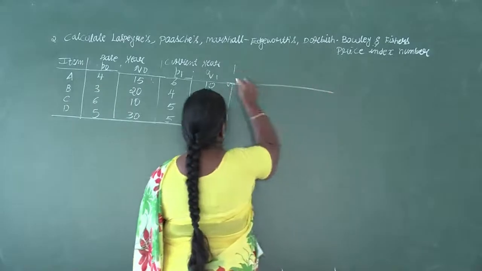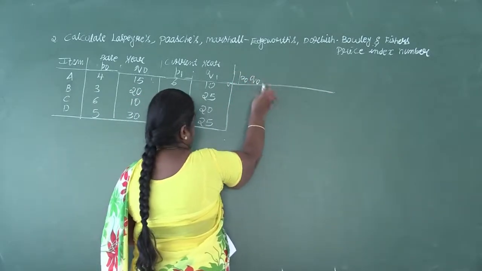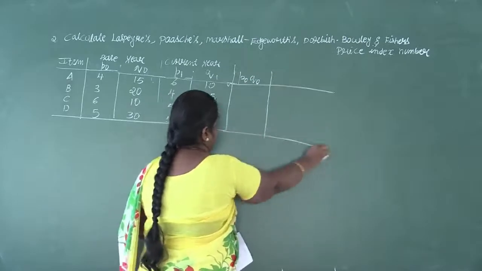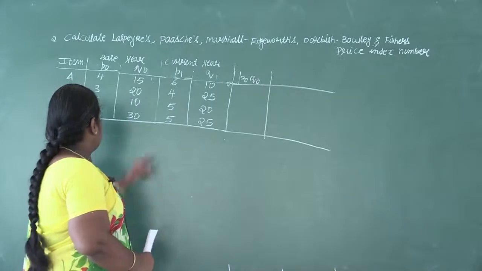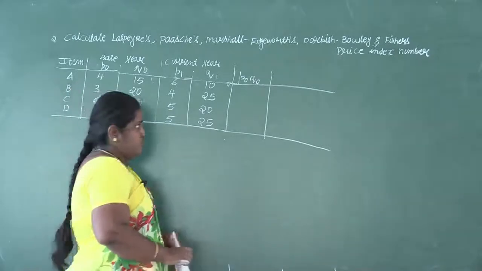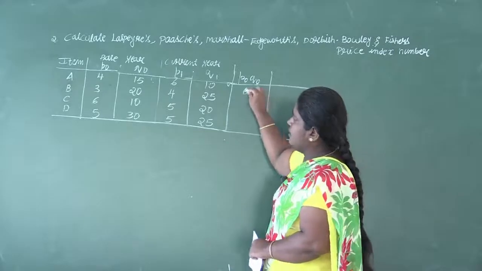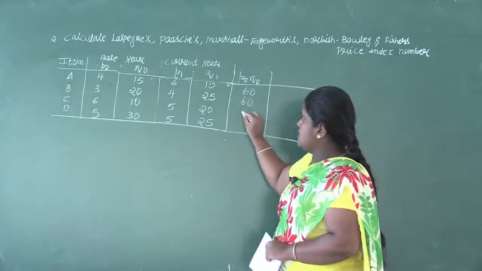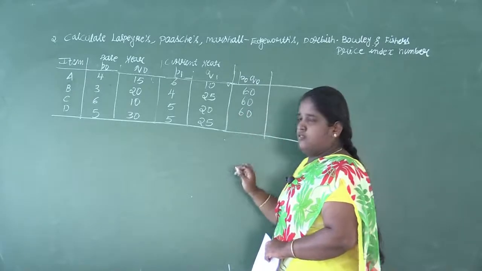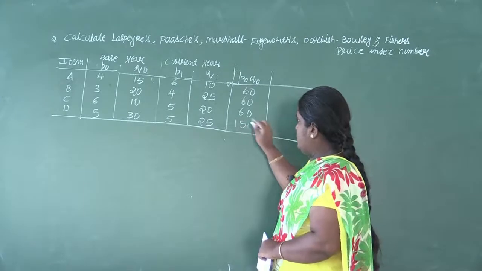So first we are going to multiply P0 and Q0, that is the base year price and the base year quantity. So P0 Q0 is 4 into 15 will get 60, then 3 into 20 is 60, 6 into 10 is 60, 5 into 30 is 150.